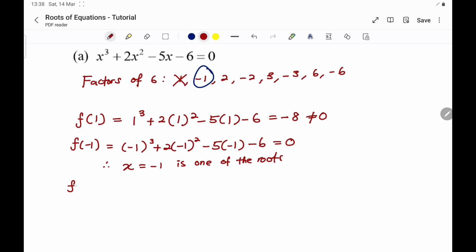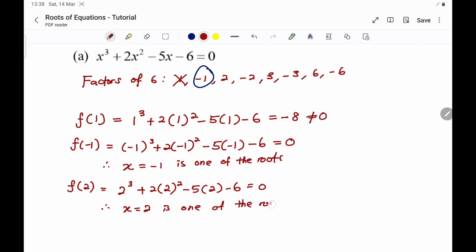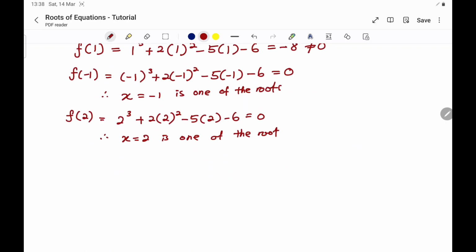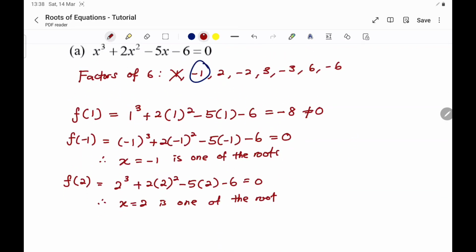Now we have to try, maybe we try when x is equal to 2. So you substitute 2 cubed plus 2 squared, minus 5 multiply by 2, minus 6. You use a calculator also. Here you're going to get equal to 0. So by right, x is equal to 2 is one of the roots as well. Okay, now another one we try. So first we can mark like this.